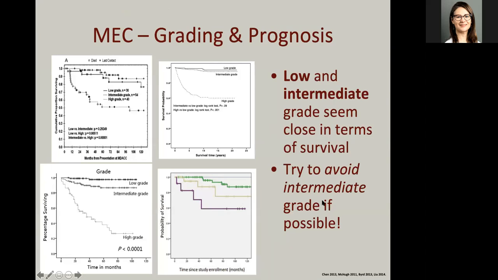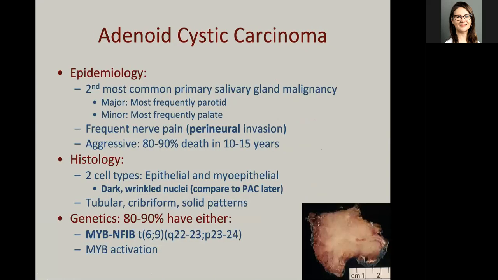So we try to avoid intermediate grade and push it into low or high. But always talk to your pathologist about what grading system they are using, because we at least know how Brandwein works pretty well, with intermediate being more akin to low. Okay, hopefully that was clear.